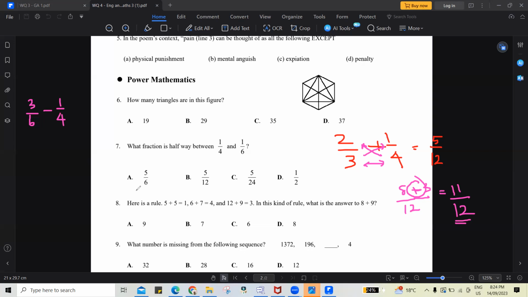So 6 times 4 is 24. 3 times 4 equals 12. And 1 times 6 equals 6. 12 minus 6 is 6, so 6 over 24.